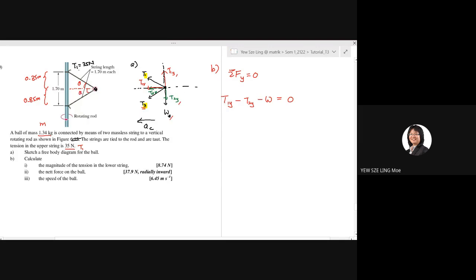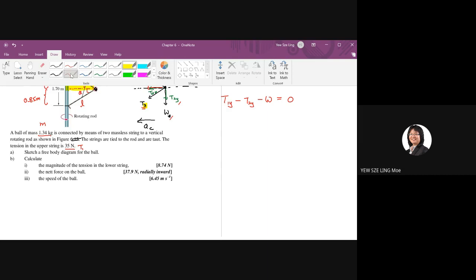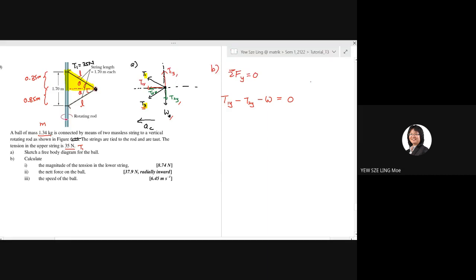Now that I have the length for the upper string and the lower string, and also the height, if you look at the diagram, you actually have a right angle triangle here. You can use this triangle to calculate the angle. If you take this triangle out, this is what you're going to get. This is your theta, the length here is 1.7 meter, and the height here is 0.85 meter.